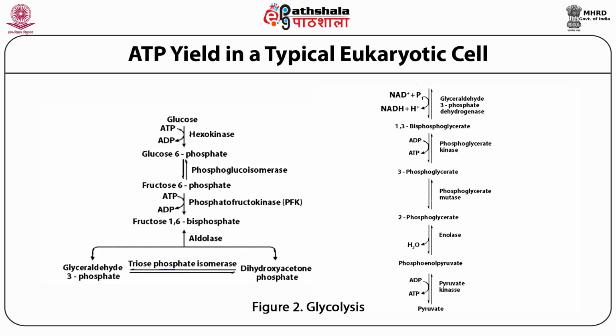This glyceraldehyde 3-phosphate is ultimately converted into phosphoenol pyruvate, and this phosphoenol pyruvate will ultimately be converted into pyruvate. The first part, that is the preparatory phase, where glucose is getting converted into dihydroxyacetone phosphate and glyceraldehyde 3-phosphate, consumes 2 ATP, while the last part, that is the payoff phase of glycolysis, will give 4 ATP.